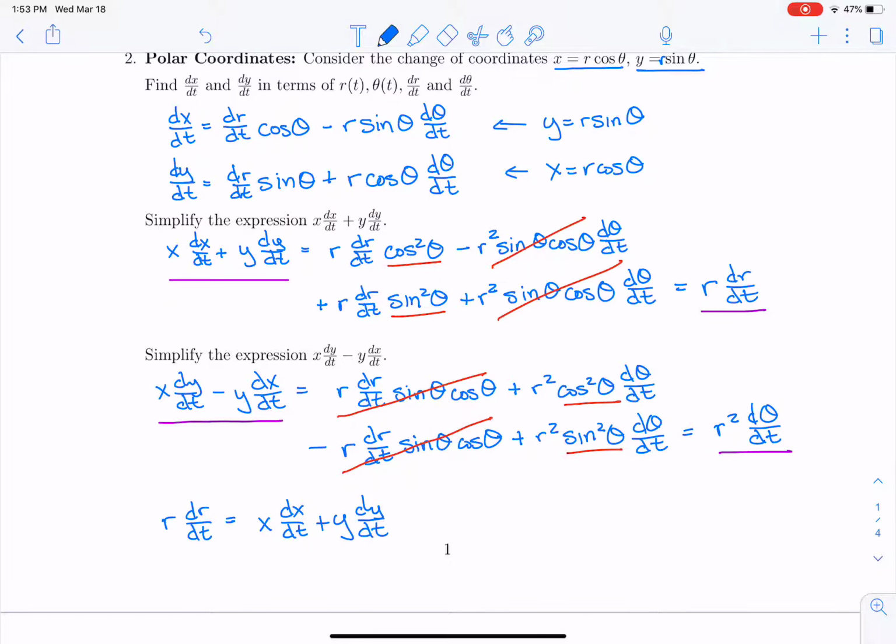And I've also learned that r squared d theta/dt is equal to x dy/dt minus y dx/dt. And so really, I now have a way to figure out what dr/dt and d theta/dt are in terms of x's and y's.